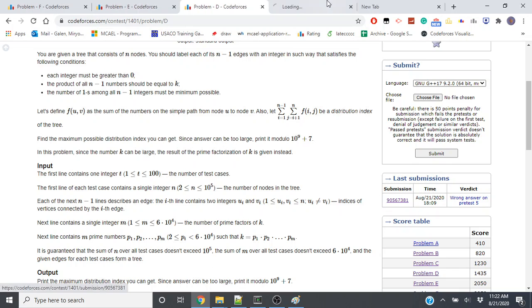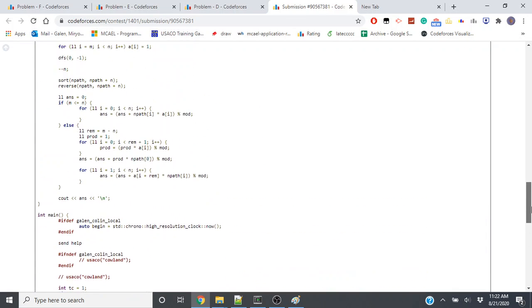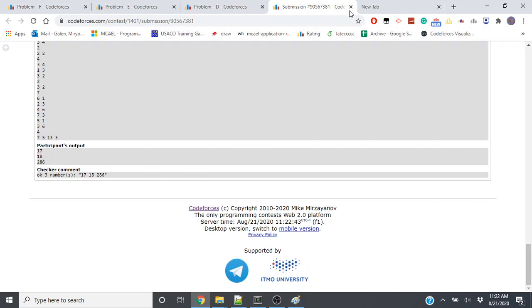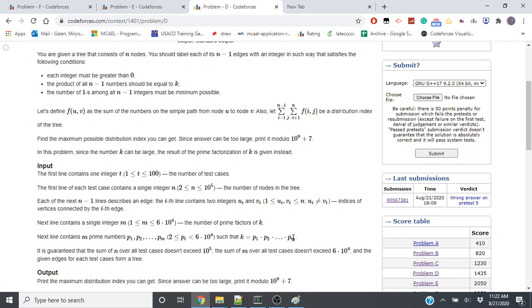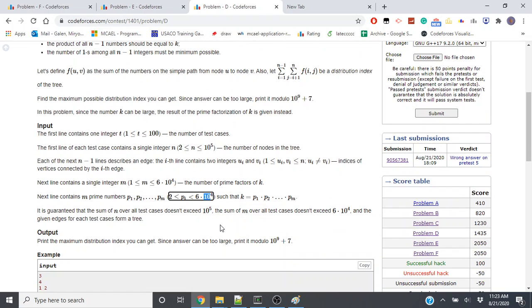What exactly did I submit? Did I submit with some weird debug output or something? No, I got rid of cout prod. And I passed these, which is fine. Like, all these numbers are small.